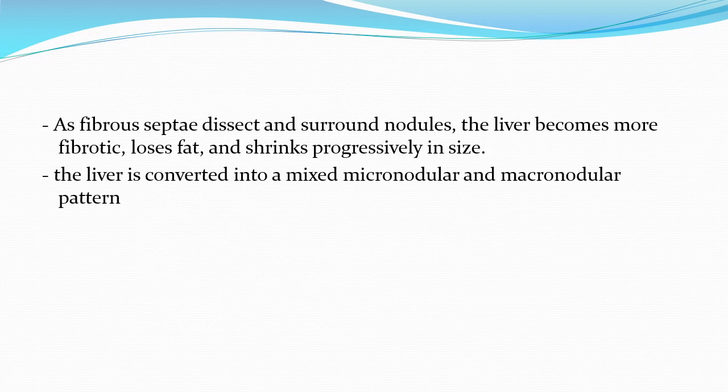As the fibrous septa dissect and surround the nodule, the liver becomes more fibrotic, loses fat and progressively shrinks in size. So the liver is converted to a mixed micronodular and macronodular pattern of cirrhosis.